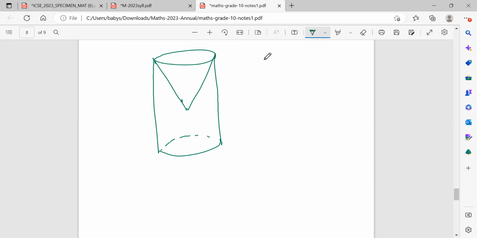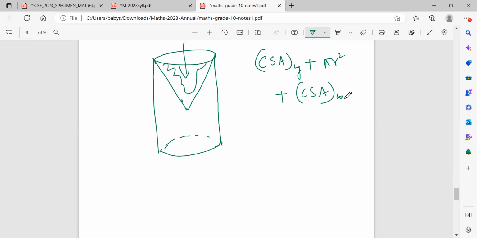Surface area is the outer surface area of the cylinder, plus the cylindrical base, which is pi r square, plus, because it is going inwards, you have to consider this surface area also, plus CSA of the cone, which is pi r L. Okay, so that you need to remember, the CSA of the combination.